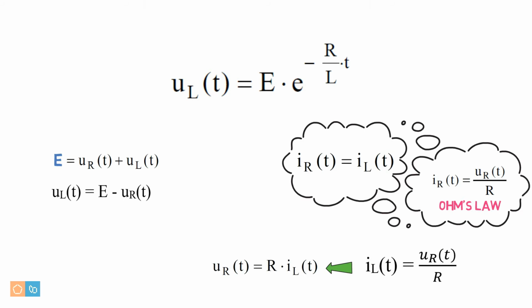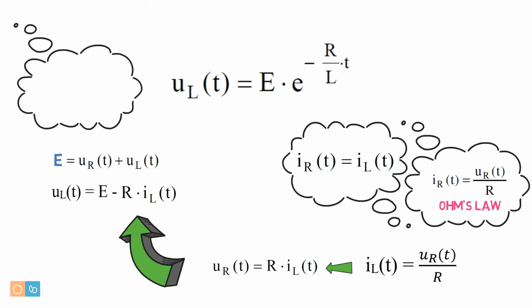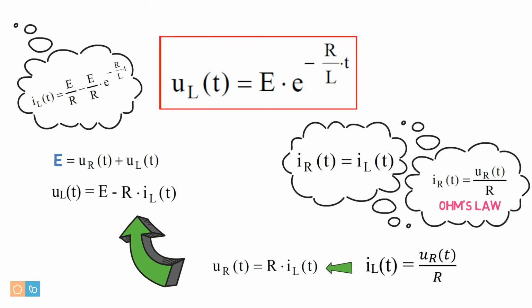We can then replace UR in the expression UL equals E minus UR. Ultimately, by replacing IL with the equation we saw above, we get our final expression, which is this one.